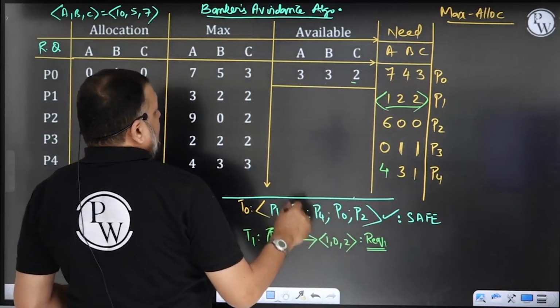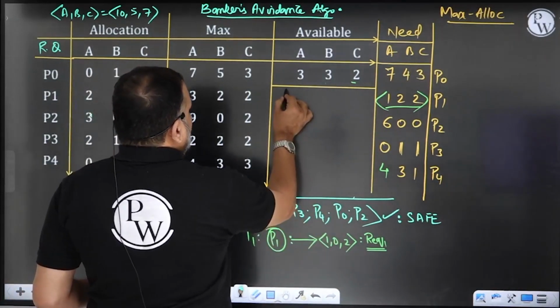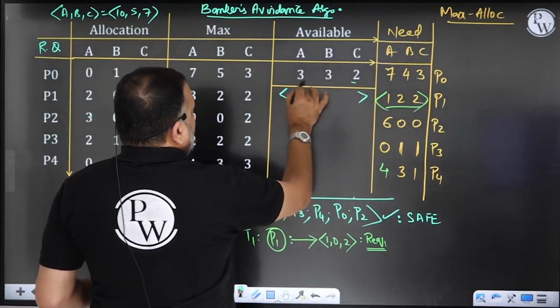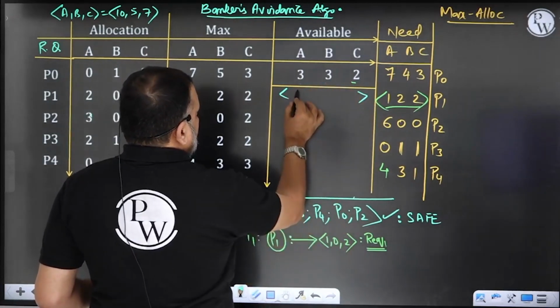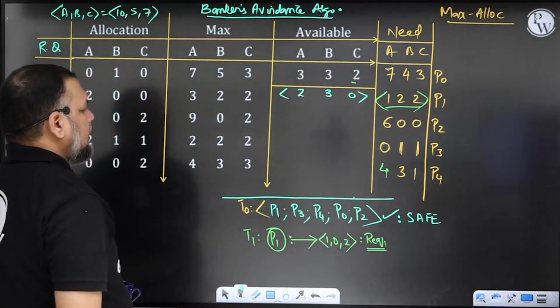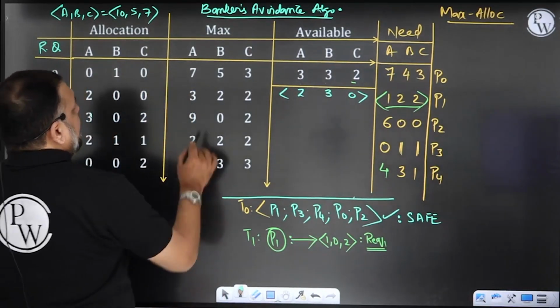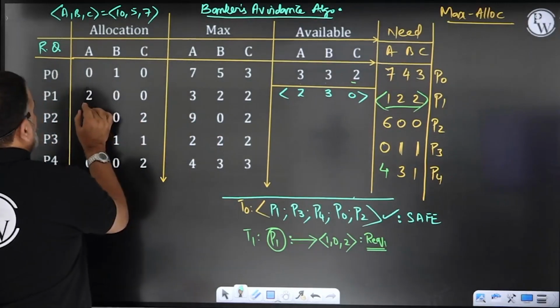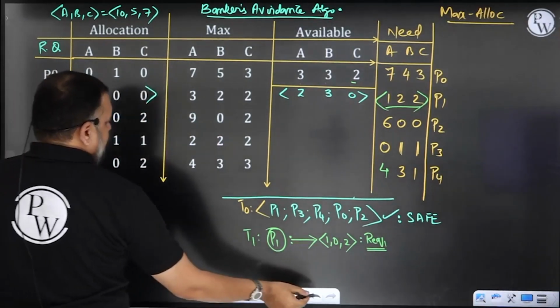Third step, we are assuming to have satisfied the request. So when I assume, my new available will become 332 minus 102, it becomes 230. Clear? And then allocation of process, I will do like this.